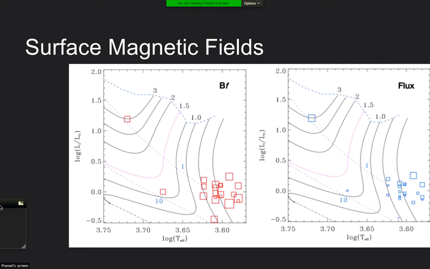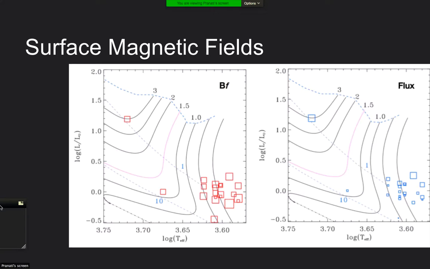Surface magnetic fields. This graph here shows surface magnetic fields being measured by the Zeeman broadening technique. The Zeeman effect is when light is in the presence of magnetic fields, individual absorption lines or emission lines in the electromagnetic spectrum are split into many different lines.